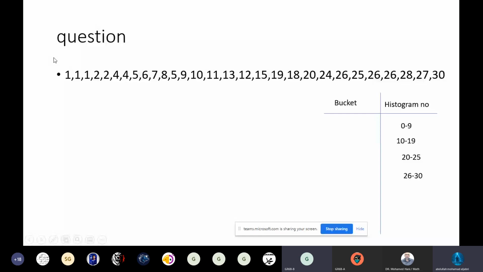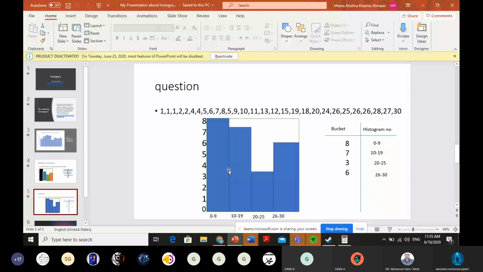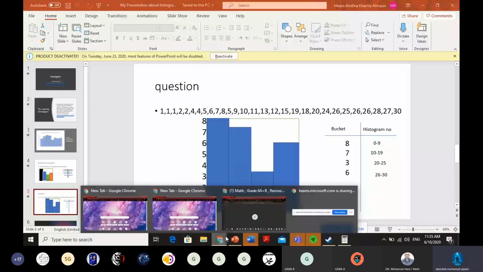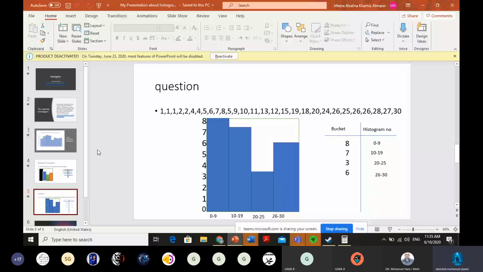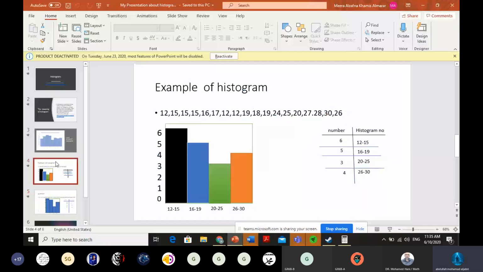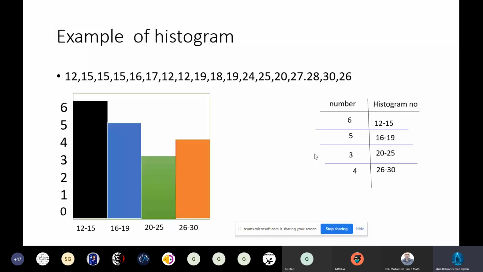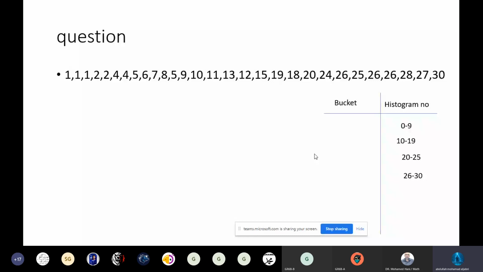We have these numbers and the data. I want you all to make a small graph in your notebook and use these to help you. I will give you 5 minutes. You can do it. Start now.